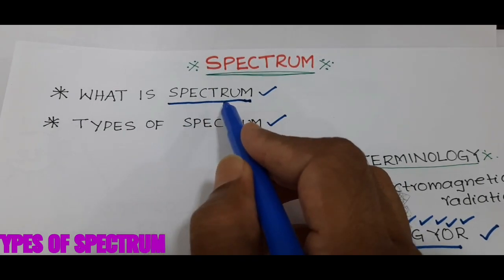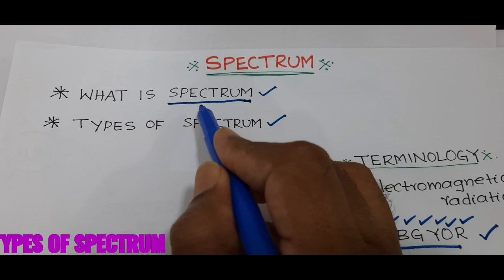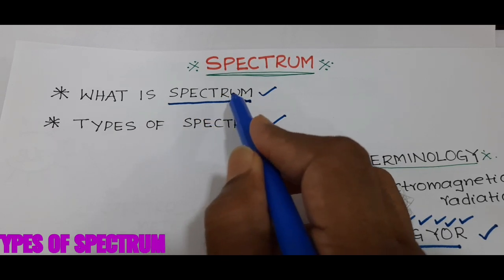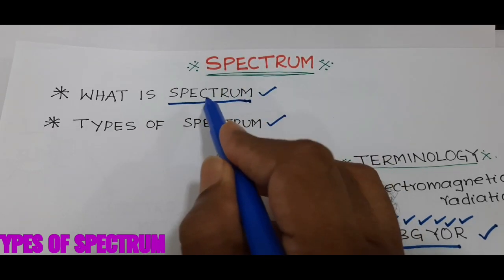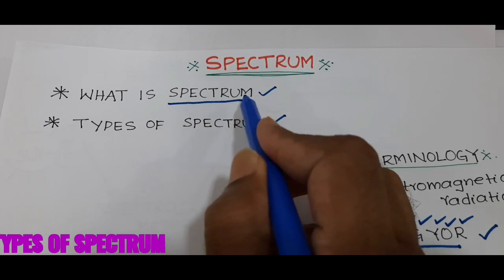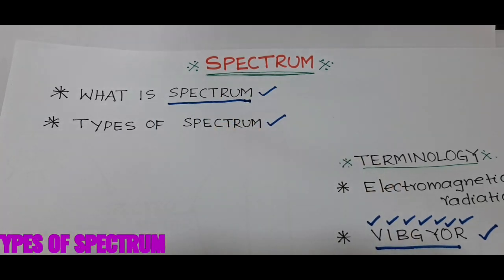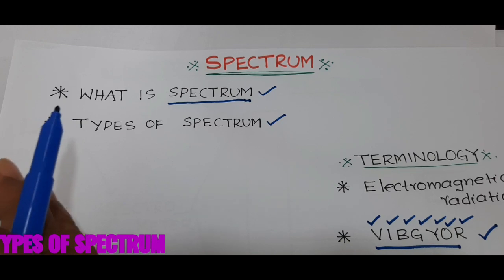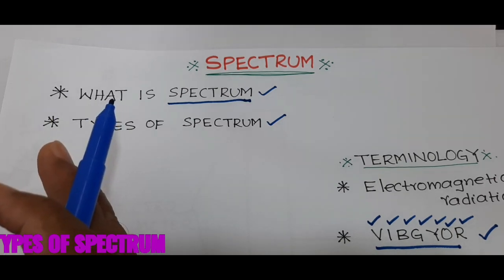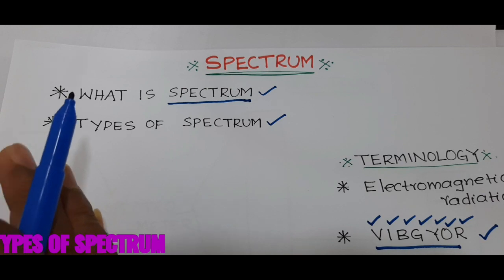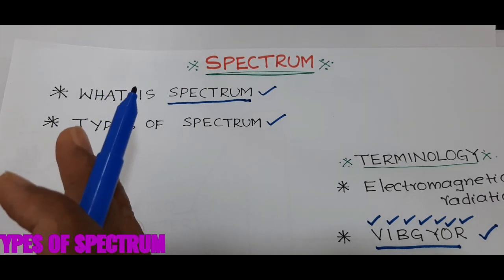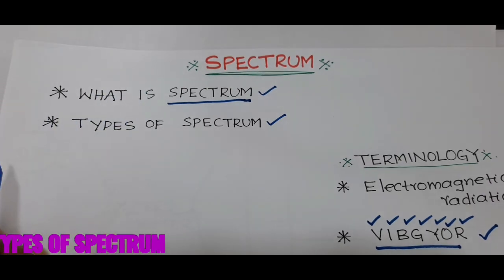The arrangement of different radiations in the increasing order or decreasing order of their wavelength on a photographic plate can be considered as spectrum. I am recalling, generally a non-monochromatic radiation, meaning more than one type of radiation, is composed of more than one type of radiation.